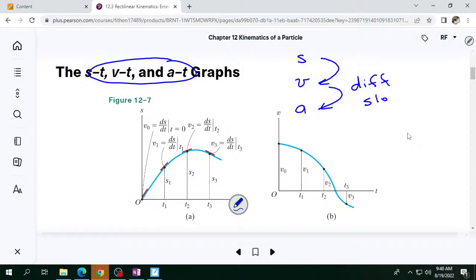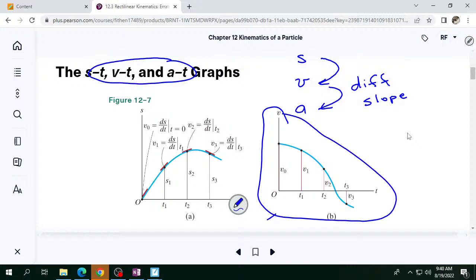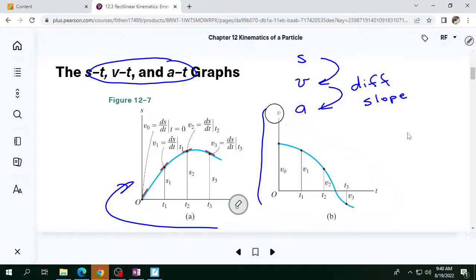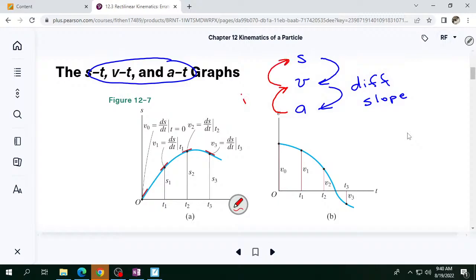Or, how about I just say the slope? But if I have an acceleration plot and I want to get the other plot, the reverse is easier to see, but essentially you're going this direction. And if you're doing this side, you're taking an integration or an area.